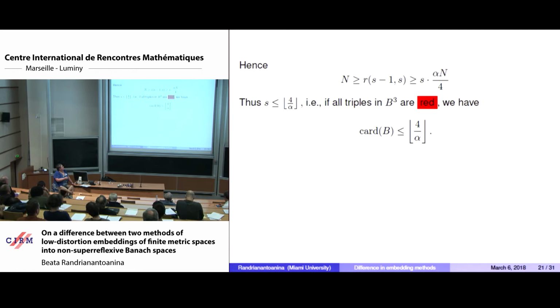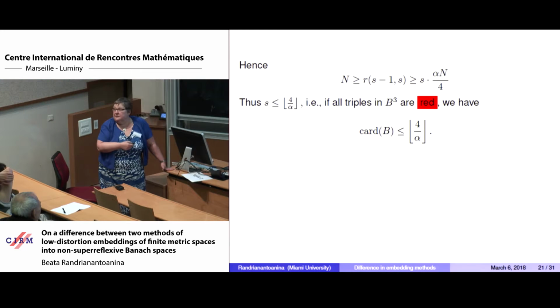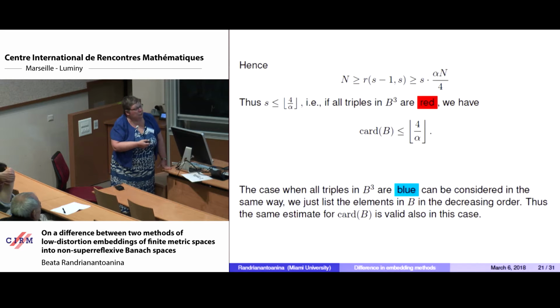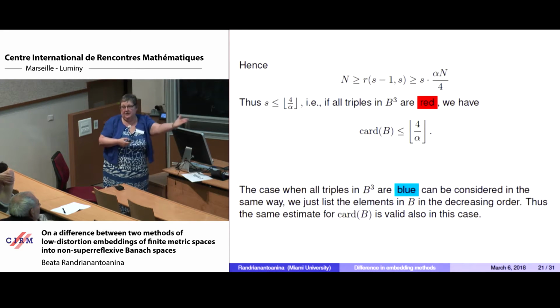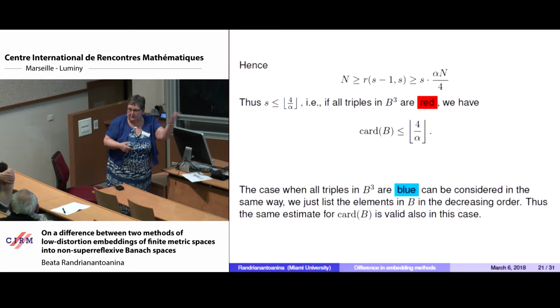So we prove that if all the coordinates are red, then cardinality of B, which is here denoted by S, will be smaller or equal than 4 divided by alpha, because n cancels, right? If the triples were blue, blue means that the smallest 2 indices reach the maximum. It's the same thing, I will just go down instead of up.